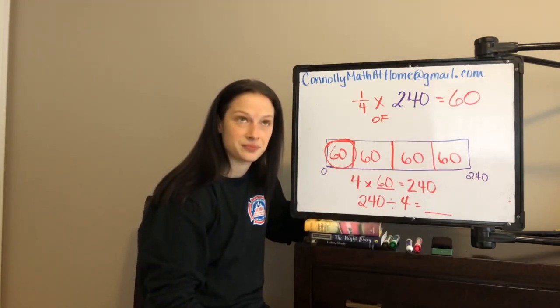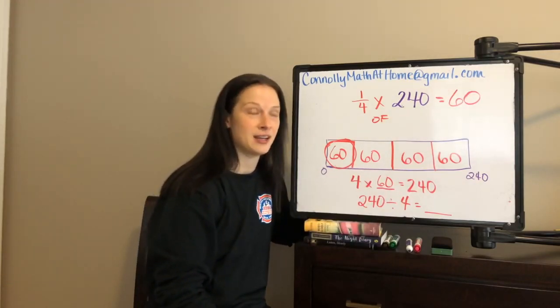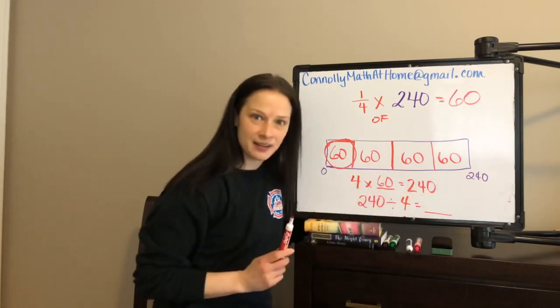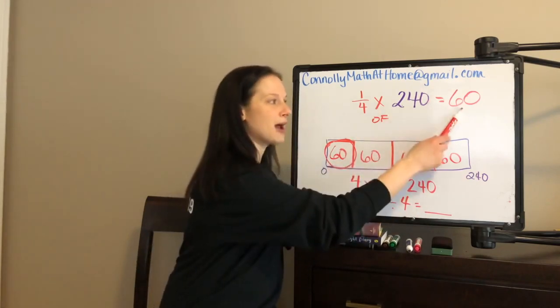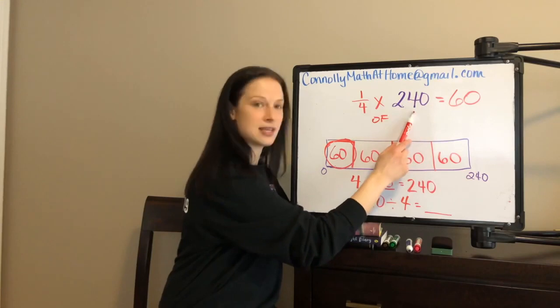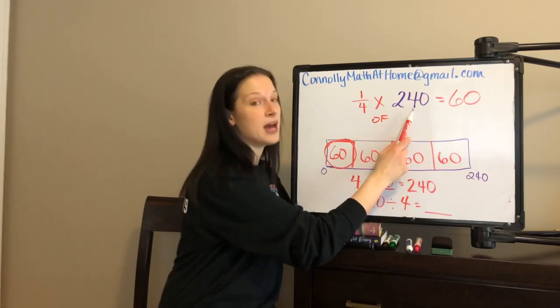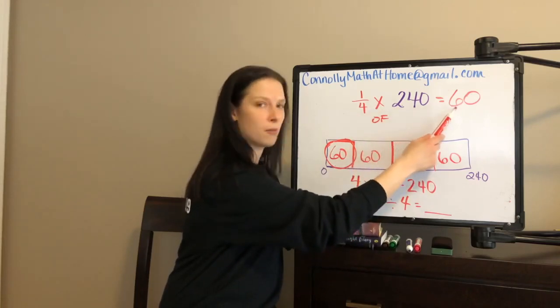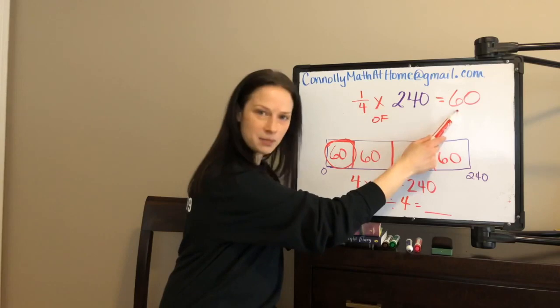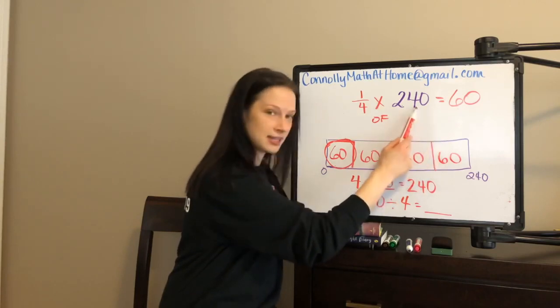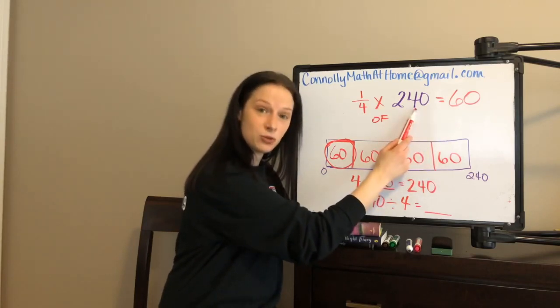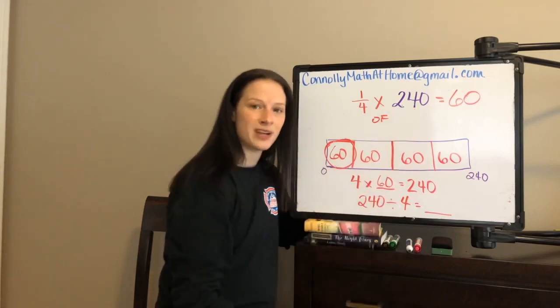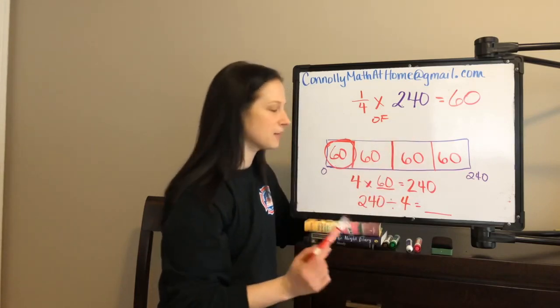Now, interesting thing that's happening, I'm multiplying, and my product is less than this factor. And that's something I want you thinking about as the videos build this week. 1/4 of 240, and I'm multiplying and I'm getting a product that's less than this. That's not something we're used to with whole numbers. Why is that happening? Be thinking about that.